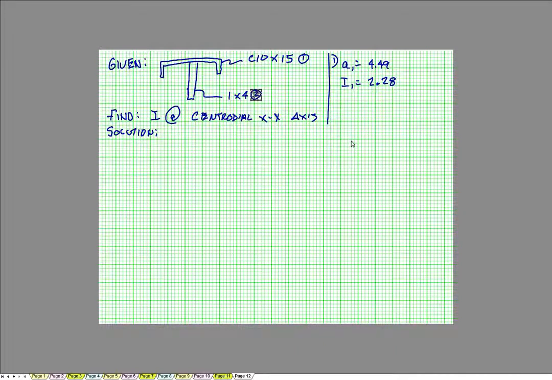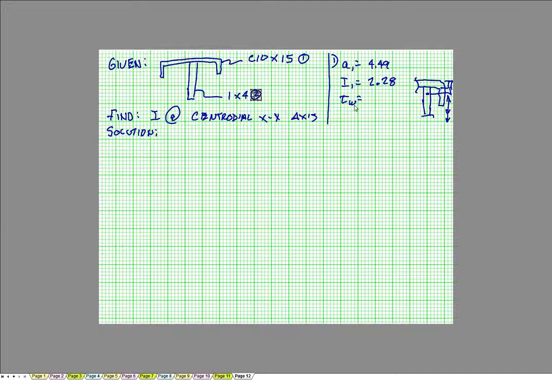Now there are some other things that we need to worry about. One of those is the thickness of the web, because the way this thing is built, we have that, and then we have this other piece underneath it. We need to know what the thickness of the web is so that we can calculate the distance to the centroid of the channel relative to the ground or to the base.